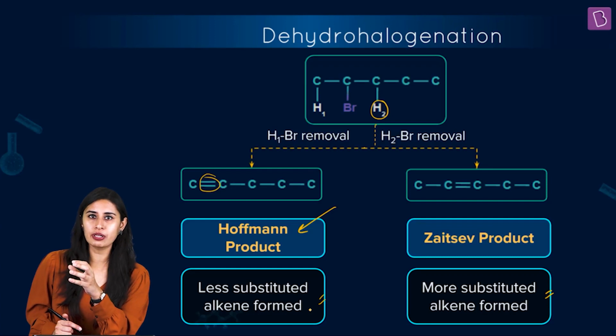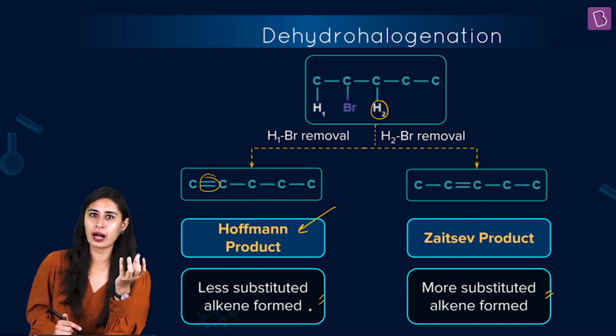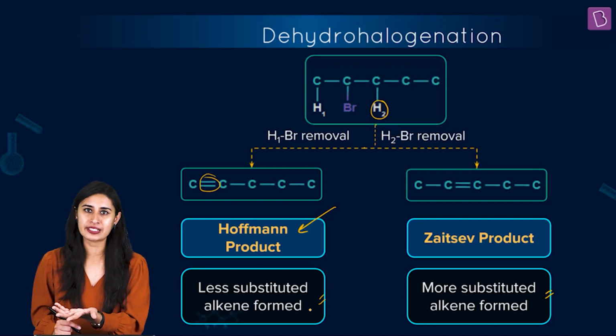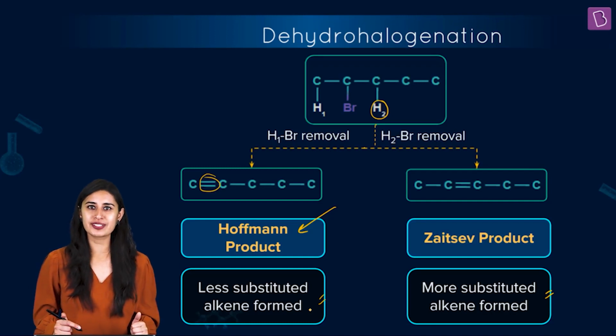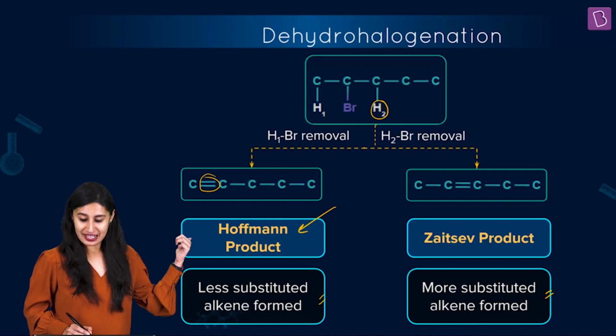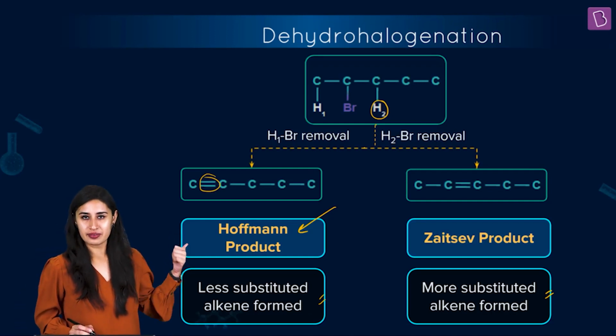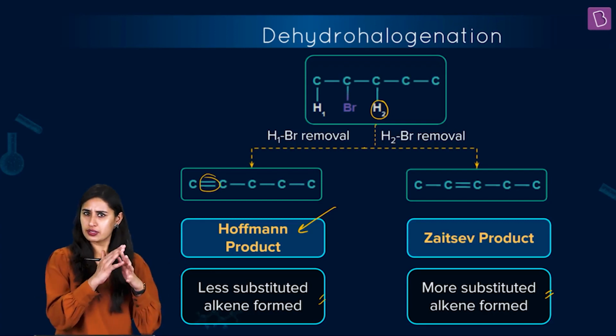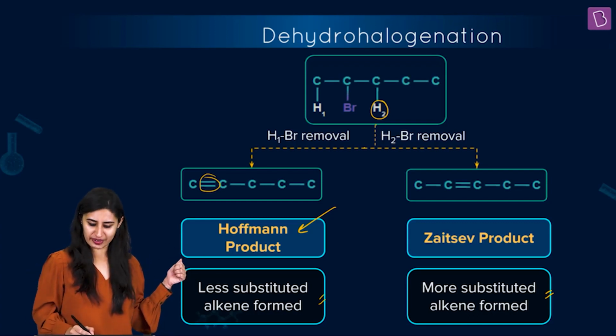The moment you see a double bond, the adjacent carbons, if present, and the alpha hydrogens present, the more the alpha hydrogens, the more will be the hyperconjugative structures and the more will be the stability. And life is all about stability, you already know. So is organic chemistry. So the major product is going to be the Saytzeff product, right? So let's test all the options which are given to us.